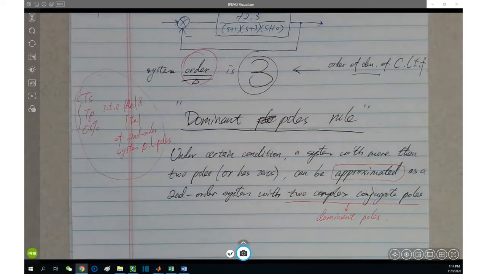So pretty much we are approximating a higher order system into a second order system. Therefore, we are focusing on those 2 dominant poles only. This is how we deal with the higher order system. Does it make some sense?